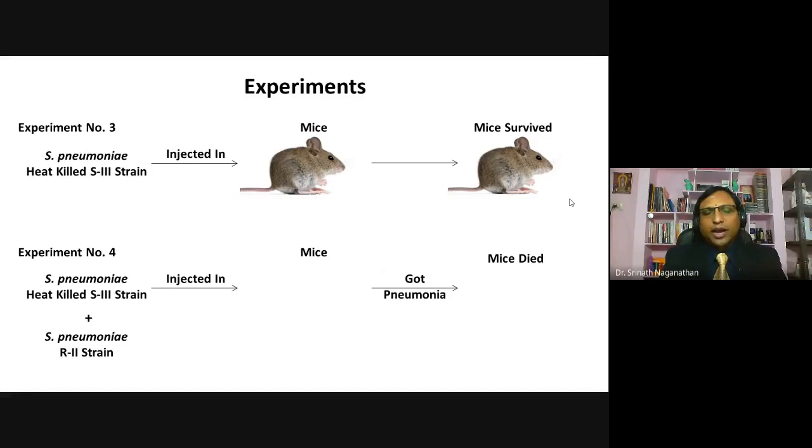In the fourth experiment, he combined the heat-killed S3 strain and the R2 strain of Streptococcus pneumoniae and injected them in combination into mice. But to his surprise, after a few days, he found that the mice got pneumonia and died.